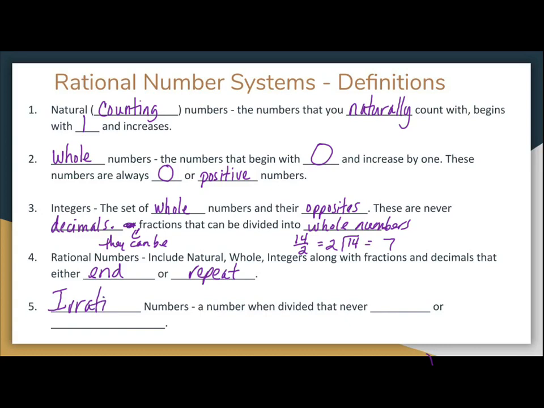Irrational numbers, on the other hand, are numbers whose decimals never end and never repeat. So there's no pattern to it. A good example of this is the number pi, which some of you know is 3.14, and it goes on and on forever. It never ends and it never repeats. There's no pattern to it. These are the types of numbers in our number system.